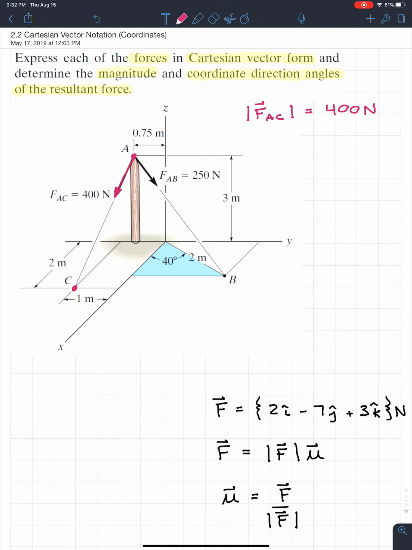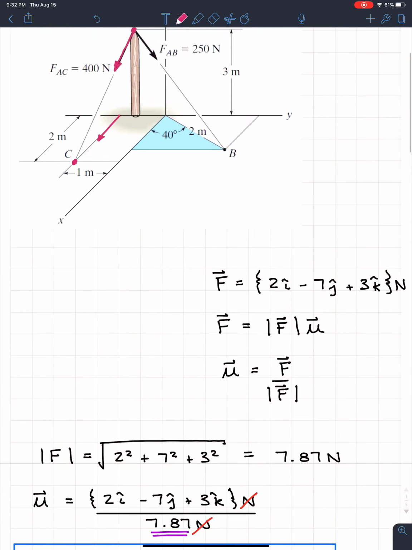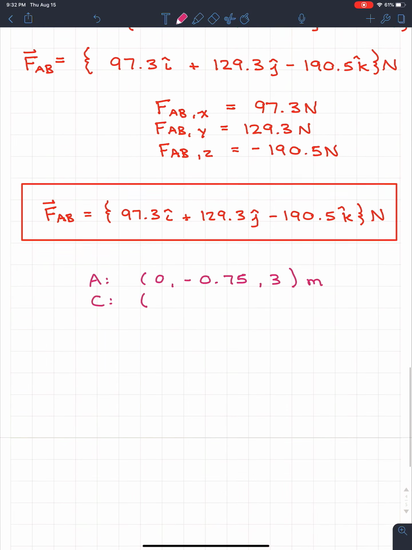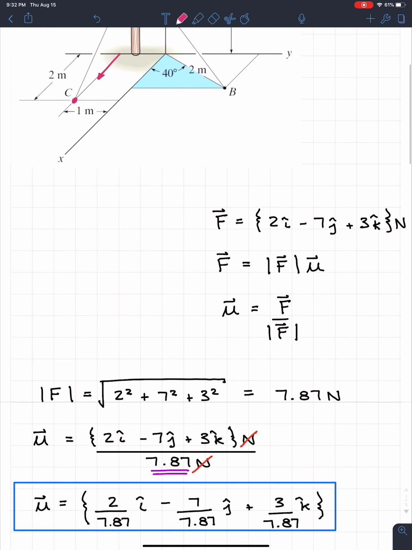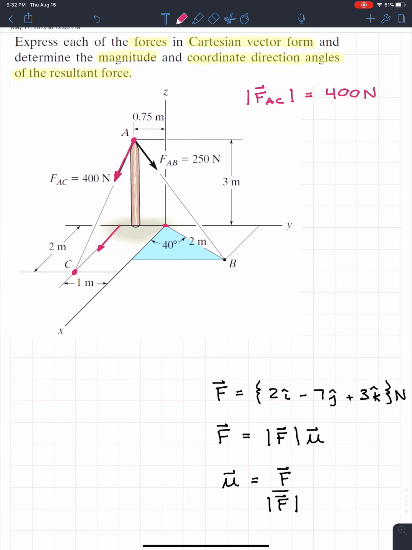So first thing we want to do, how far along the x-axis is it? If we go this way right here, along the x-axis, we find that it's 2 meters along the x-axis. So I'm just going to put 2, and then comma. Next part, we want to find how far it is along the y-axis.